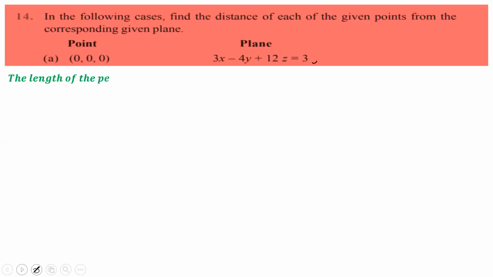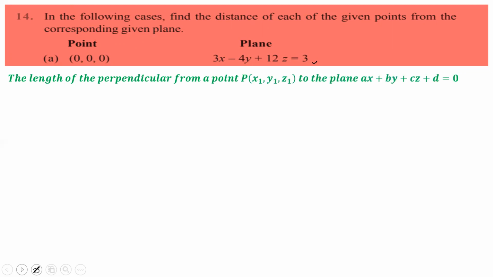Now we know that the length of the perpendicular from a point P whose coordinate is x1, y1, z1 to the plane ax plus by plus cz plus d equals 0 is given by modulus value of ax1 plus by1 plus cz1 plus d divided by under root a square plus b square plus c square. Okay.